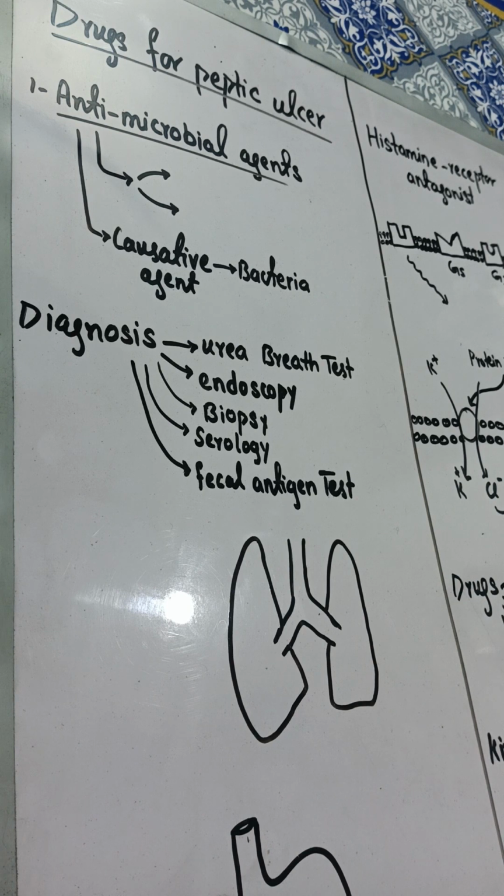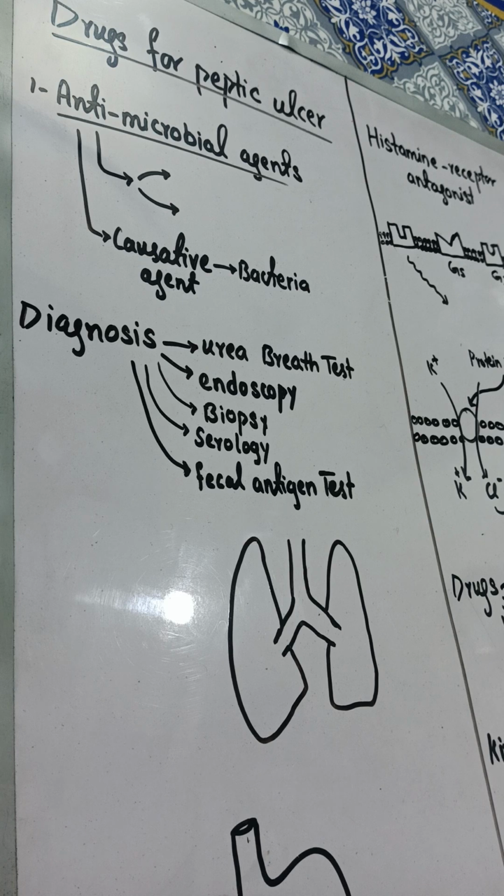We discussed their location, from their initial to their final stage, and the causes of ulcers and the things that can make your ulcer more severe. Now in this lecture we are going to start with what kind of drugs you will give to your patient in order to treat the ulcer.